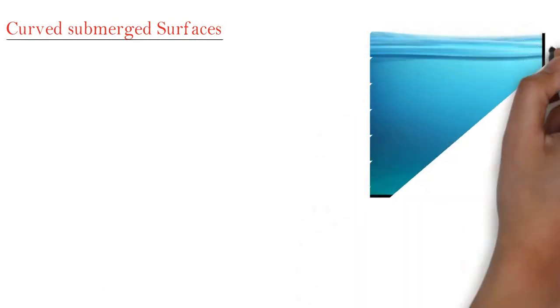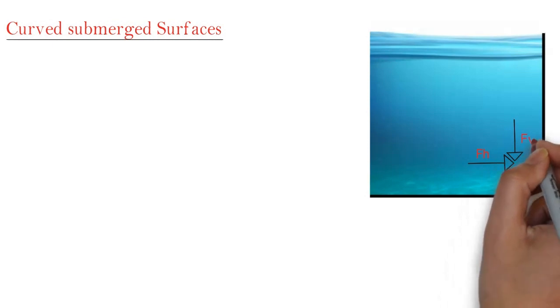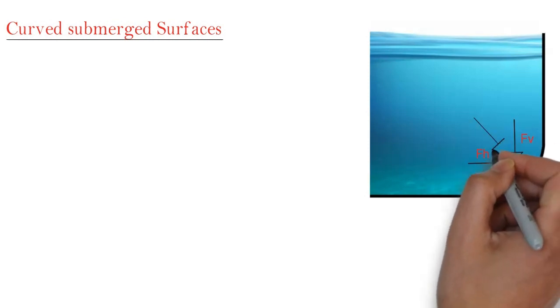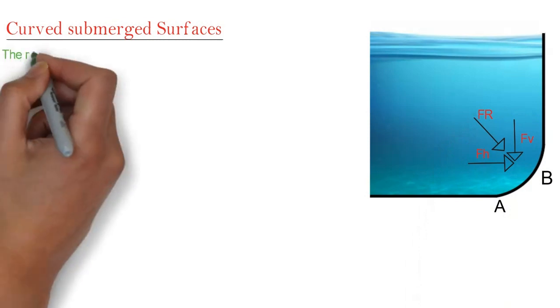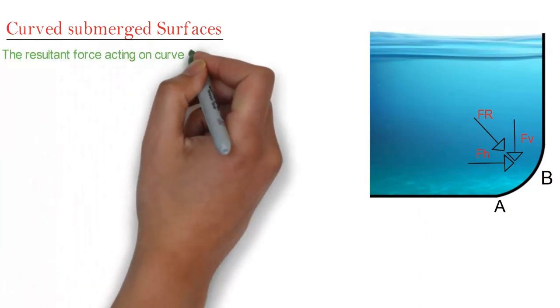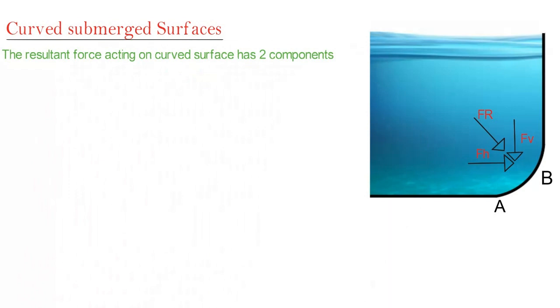First, we want to get the resultant force acting on the curved submerged surface. Any resultant force has two components perpendicular to each other. Let's take the horizontal component, which is in the x direction, and the vertical component, which is in the y direction, the direction of gravity or the weight of the fluid.